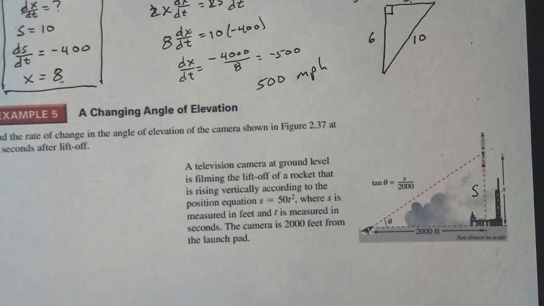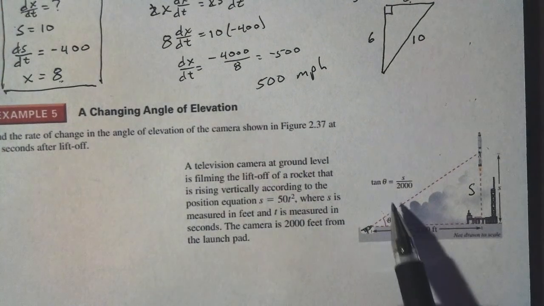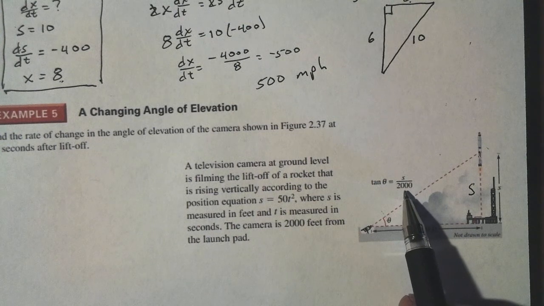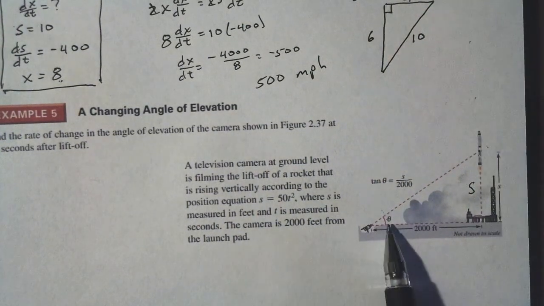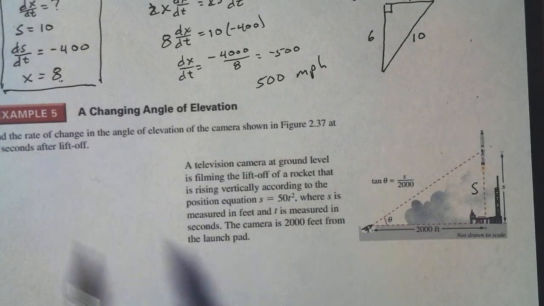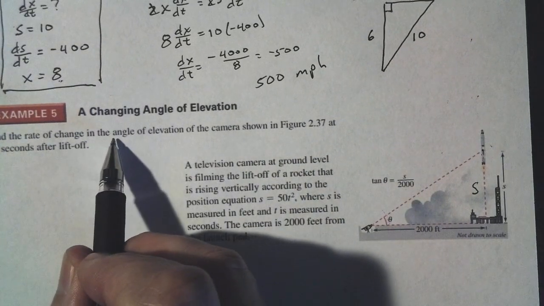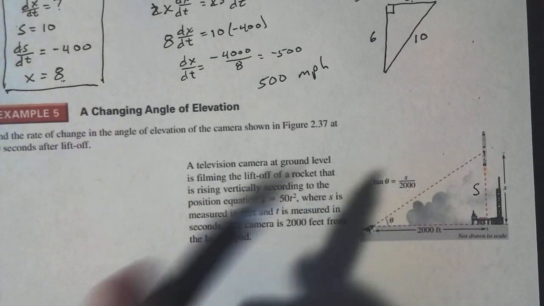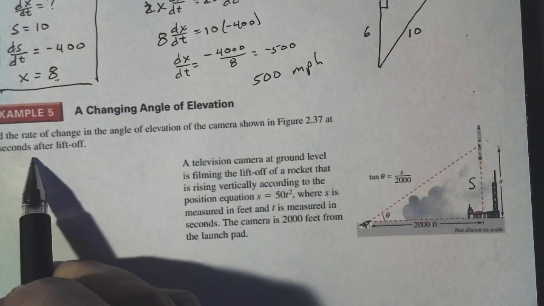You'll find out S is used for position an awful lot in physics. And oh, by the way, they threw this here, and that's just a hint that probably I would have rather them not given us in this diagram. So I imagine they're going to be talking about theta in this. Find the rate of change in the angle of elevation from the camera at 10 seconds after liftoff.